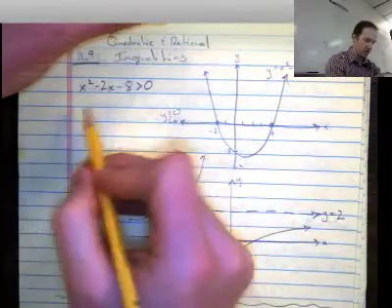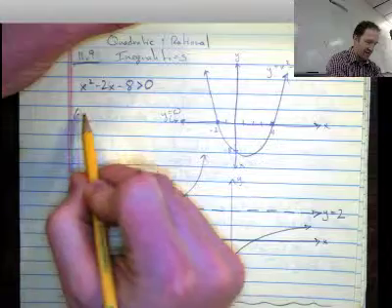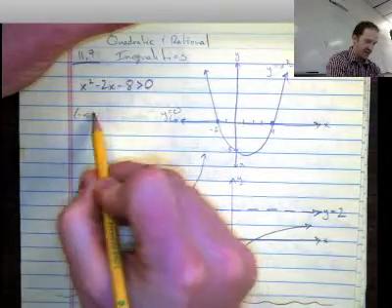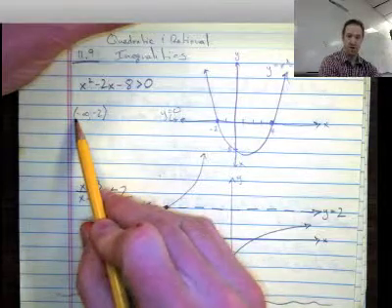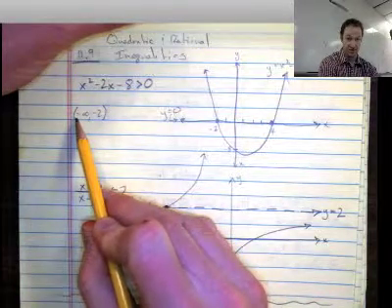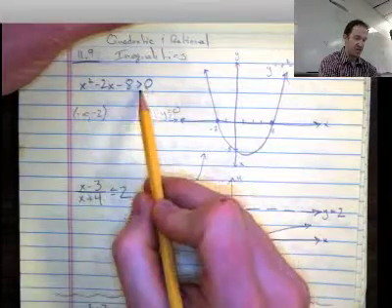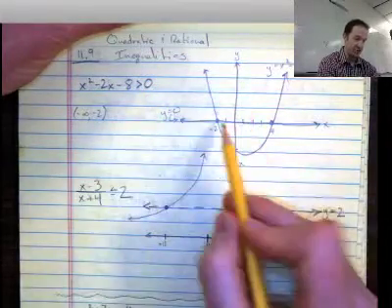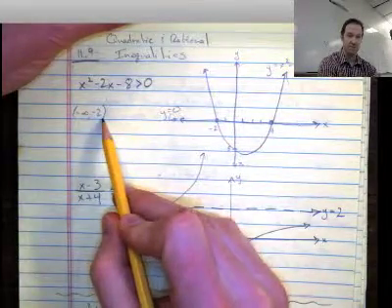So our solution, you can write it a couple different ways. In interval notation, we'd write negative infinity to negative 2. Now I remember on the infinity, it's always parentheses, never a bracket. I put a parenthesis on the negative 2 because it's not equal here; at negative 2 it's equal to 0, so it's not going to include negative 2.